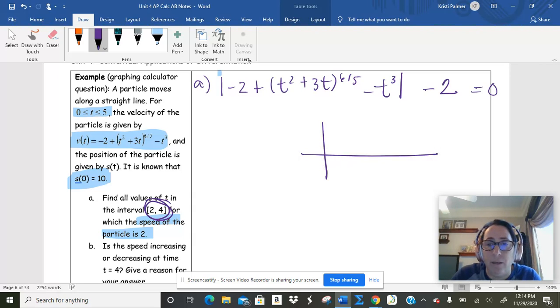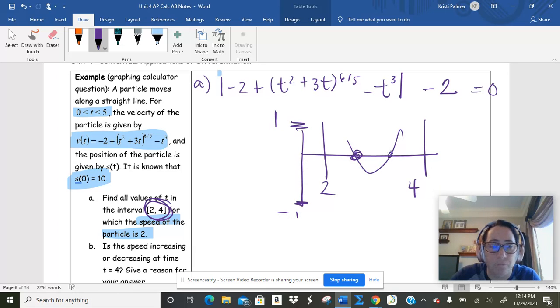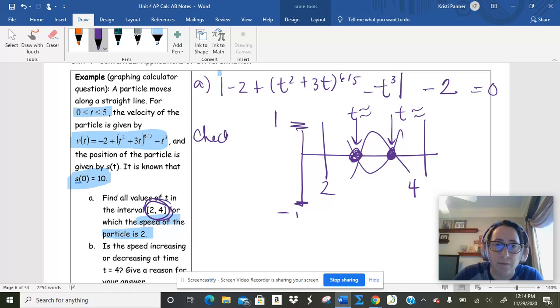So as I set up my window, I'm going to look between 2 and 4, and I'm not going to go down very far, maybe like -1 and 1, so that I can find where it's going to cross. This one actually crosses at 2 spots. I don't know if that's the graph or if it goes like this, I don't remember. But it crosses at 2 spots, and we need to find those t's. Go see if you can find them, and we are going to check in class.